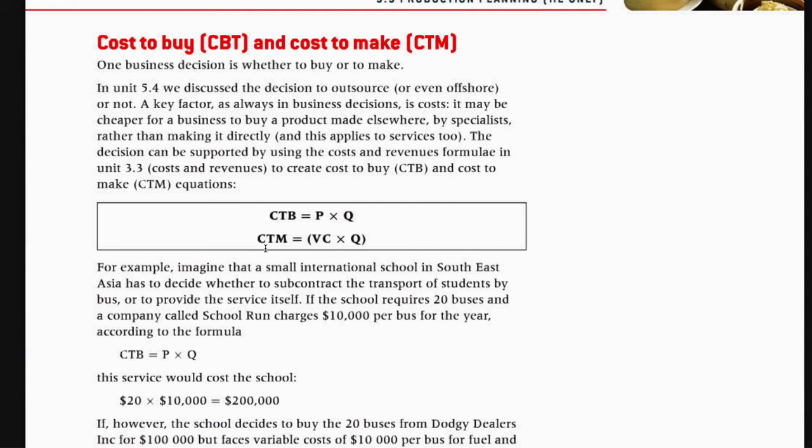Cost to make is variable cost times the quantity. Olivia from our class last year, you might know Olivia, did hers on whether the Abbey Grind should roast its own coffee or buy the coffee.